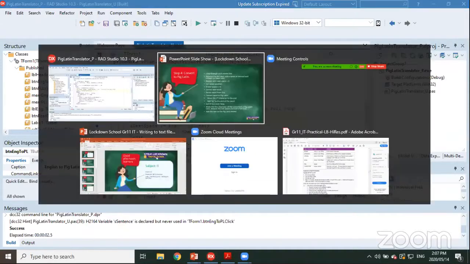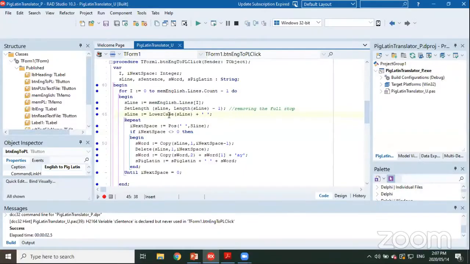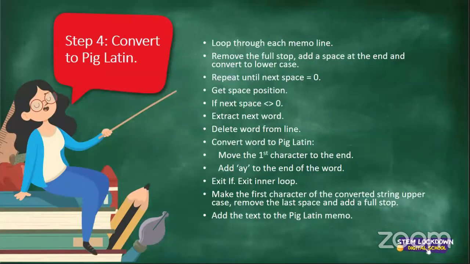And then if I go through my steps again, it says here remove the full stop, but also add a space at the end, because we'll need that with our algorithm in order to get that last word, and then convert everything to lowercase. So that is what this line is about. So I'm converting everything to lowercase there, and I'm adding a space. Now the next step is where the tricky bit comes in. We are saying repeat until next space equals 0.